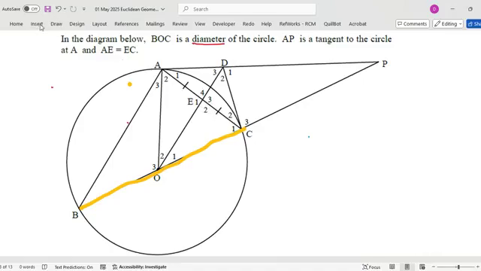Now, if I am told that this line, which is a chord, is bisected because this side is equal to this side, what does it tell you about these two angles here? Anyone?